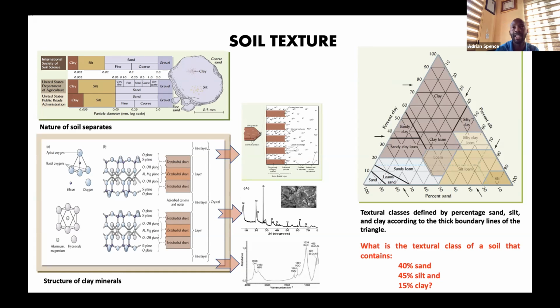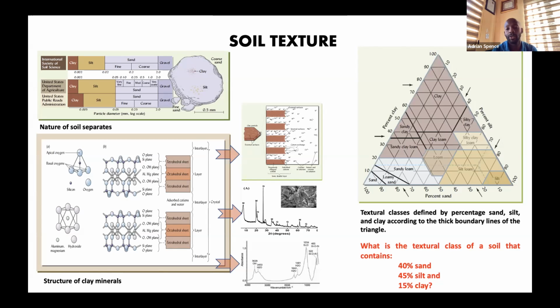If you can tell the type of clay that you have in a soil, then that might help you with your fertilizer application. Your 2-to-1 clay has a different cationic exchange capacity than your 1-to-1 clay, so your rate of fertilizer application may be less for one clay compared to the other. That is useful information that clays provide when you're looking at agricultural productivity.